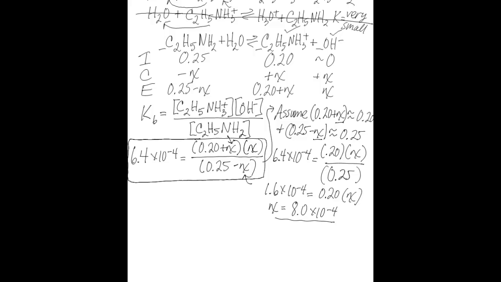We need to go back and test those assumptions by substituting in the x value. So we have 0.20 plus x. Substituting in the x value, we have 0.20 plus 8.0 times 10 to the negative 4. If you do the math there, you get 0.1992. Rounding that to two significant figures will give you 0.20.